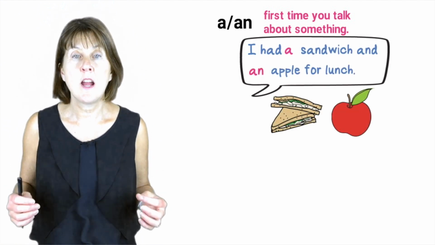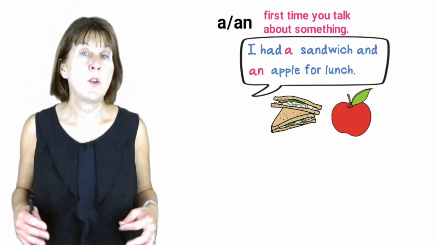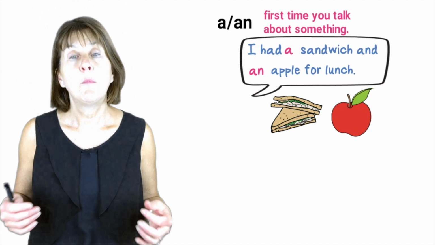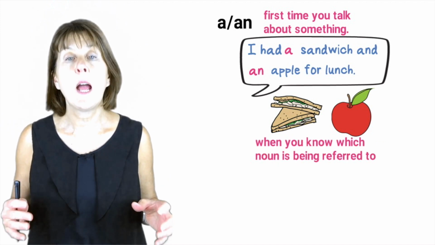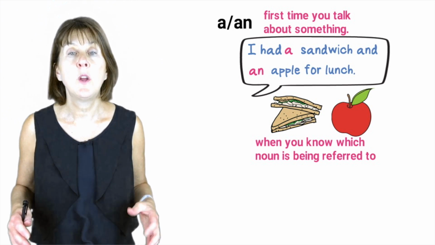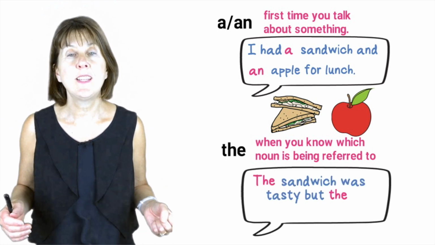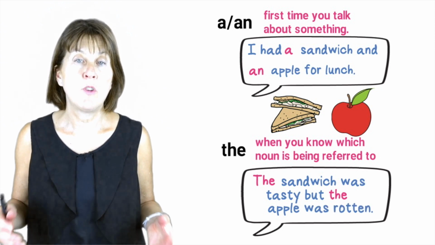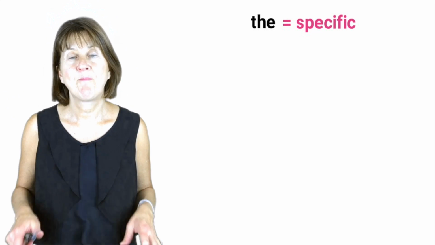It's the first time the sandwich and the apple are mentioned, so we use a. But then, as we now know which sandwich and which apple we are referring to, we use the. The sandwich was tasty, but the apple was rotten. The makes the noun specific.